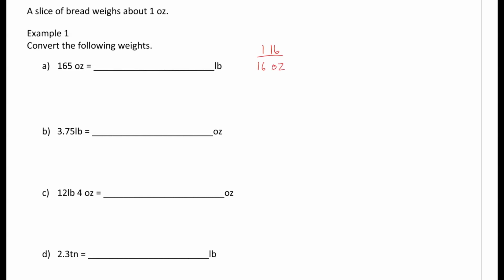This is an LB on top. I'm not always going to write this just because I don't want you to confuse it as a 16. It's an LB. So 1 pound equals 16 ounces. I'm just going to leave the OZ there just so that you know the ounces are in the bottom.